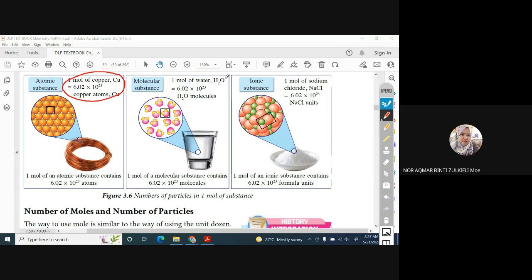All the same. Water is the same too. Ionic substance is also the same. So you can see all are 6.02, 6.02, 6.02 for 1 mole. Like one piece or one box, whatever, but we call it mole. 1 mole, 1 mole, 1 mole.